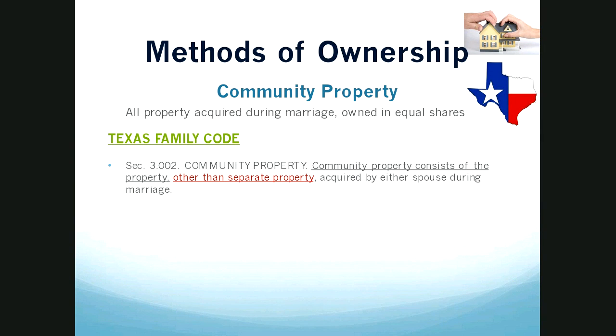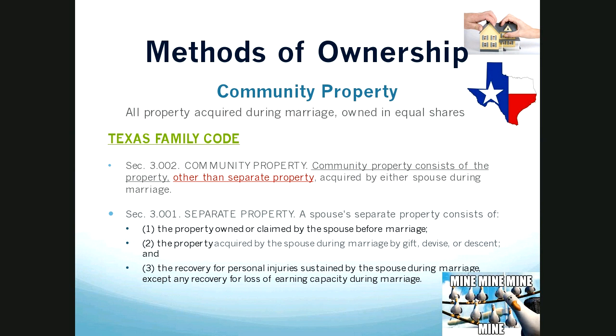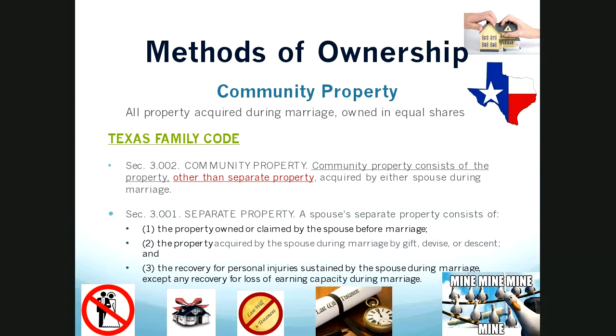You have to know what separate property is in order to know what community property is, because it's sort of a definition by exclusion, right? So everything that you get before marriage, or by gift, devise, or descent during marriage, is separate. Everything else, community.